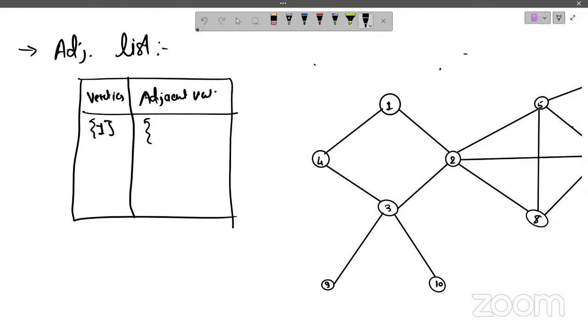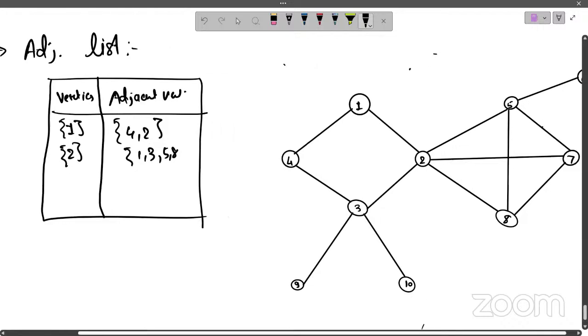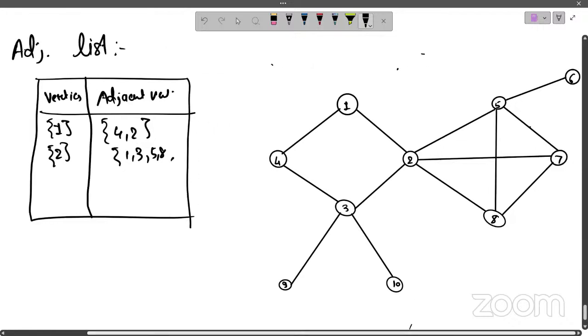Adjacent you can simply assume to be a neighbor of that vertex. So 4 and 2 are the neighbors of 1. Adjacent to 2 are 1, 3, 5, 8, and 7. In this way, you form a list, and that list is known as an adjacency list.